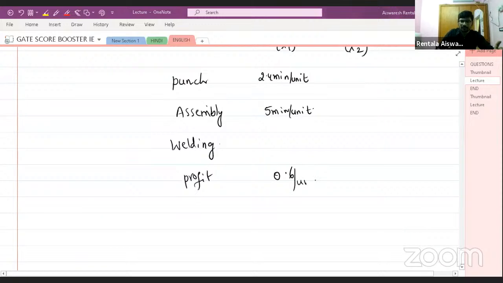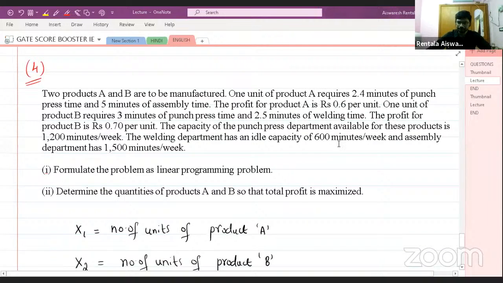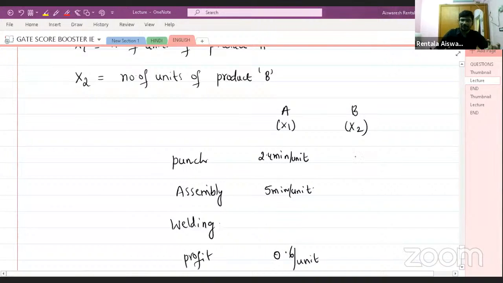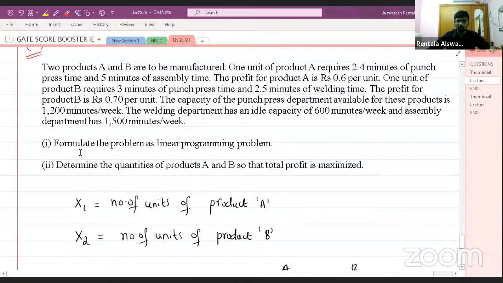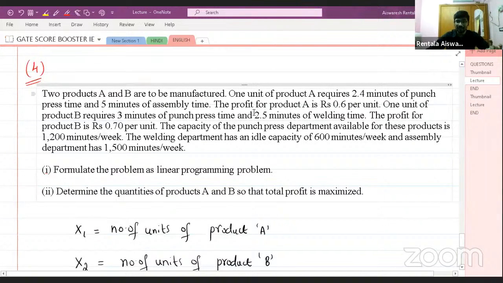Similarly, let me write this also. 1 unit of product B requires 3 minutes of punch press time per unit. Regarding assembly time, I think they have not told anything. And regarding welding, they have told 2.5 minutes.